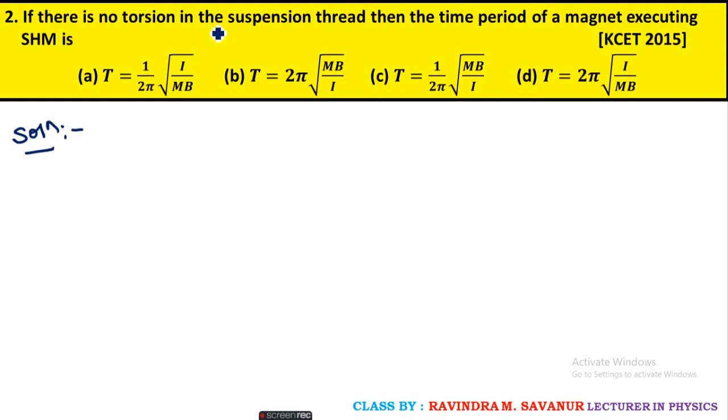If there is no torsion in the suspension thread, then the time period of a magnet executing SHM. So this one you will discuss in the synopsis.